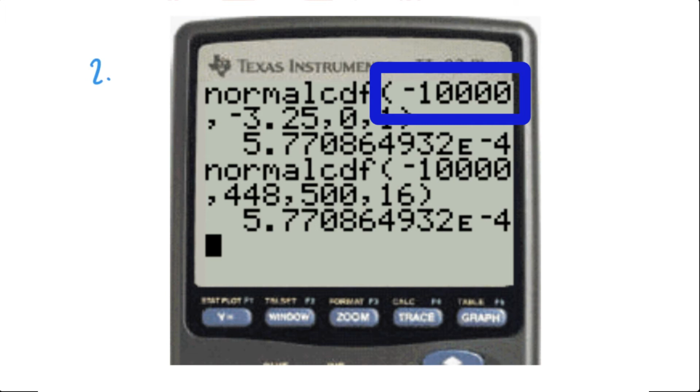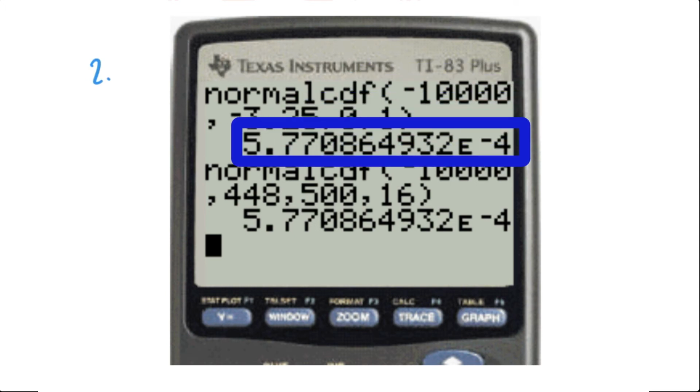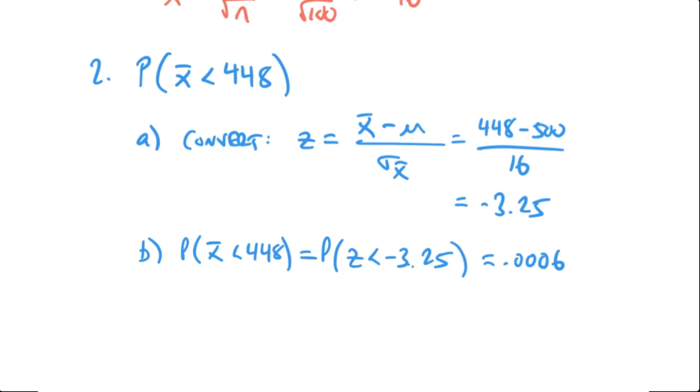If you want to be less than 448, your left bound is basically negative infinity, but you can't type that into the graphing calculator, so you just use a very large negative number. You can see in both of these it is in scientific notation, but when rounded, that is 0.0006. All right, let's move on to part 3.